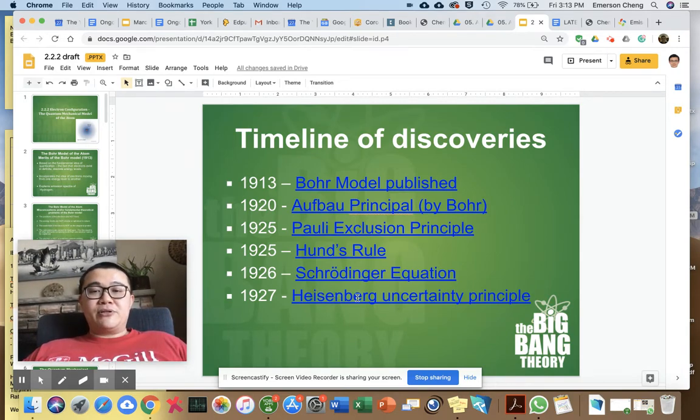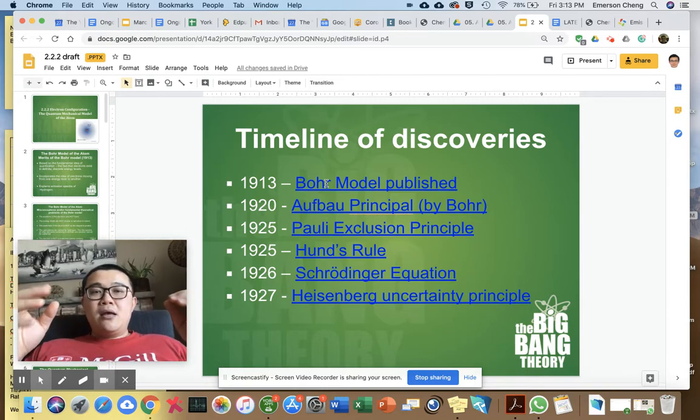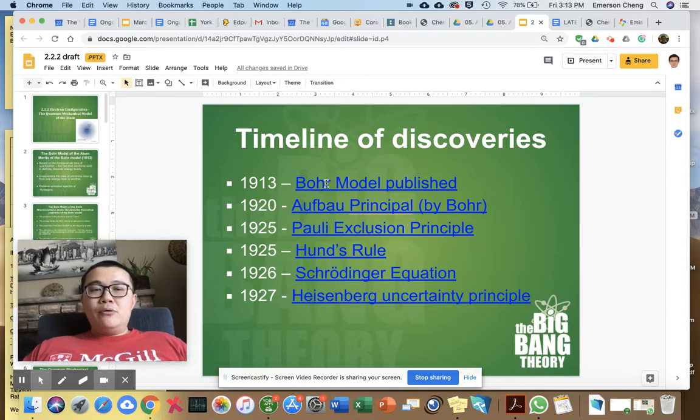Heisenberg's uncertainty principle. There were a lot of discoveries and inventions since Niels Bohr came up with his Bohr model. What we're learning now in the quantum mechanical model is based on what people have done since 1913.